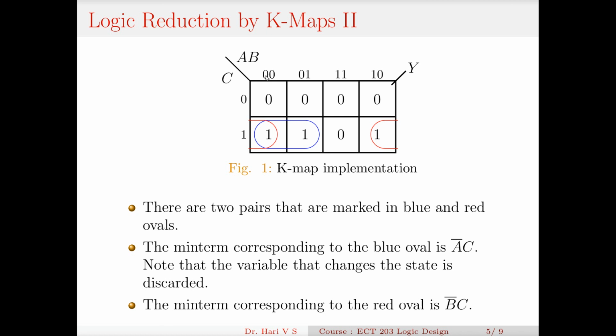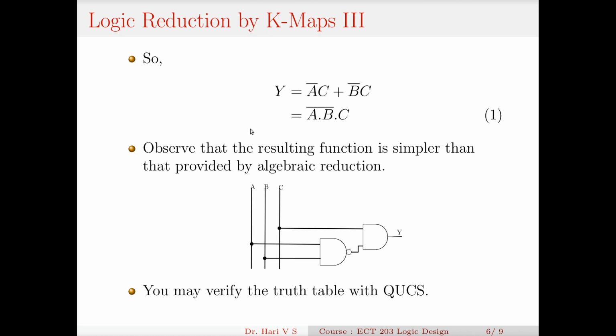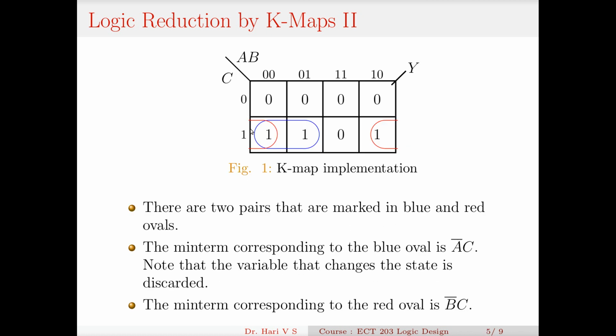Here it is 0 0 and 0 1. So the MSB part A does not change, but it's a 0, so I write A bar, A complement and C. So one term is A complement and C.